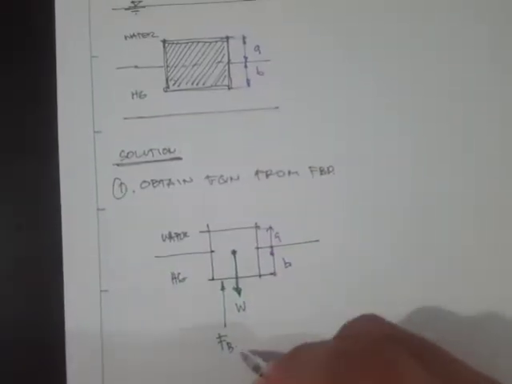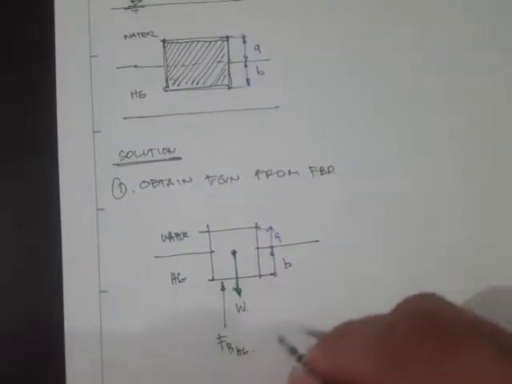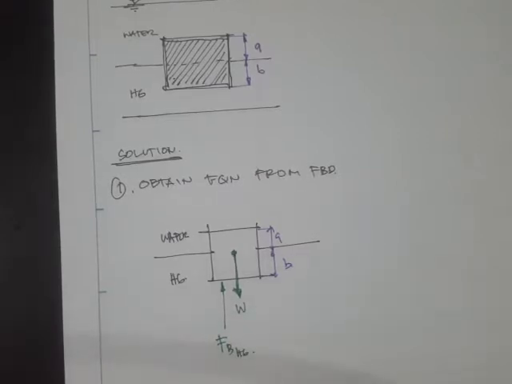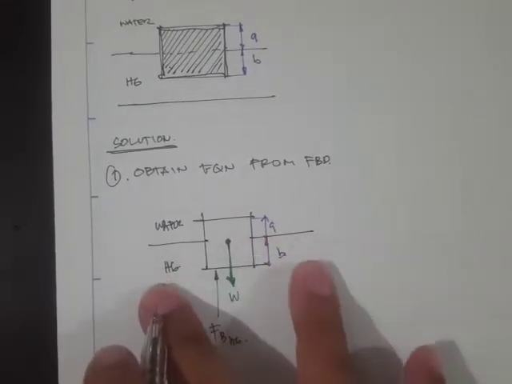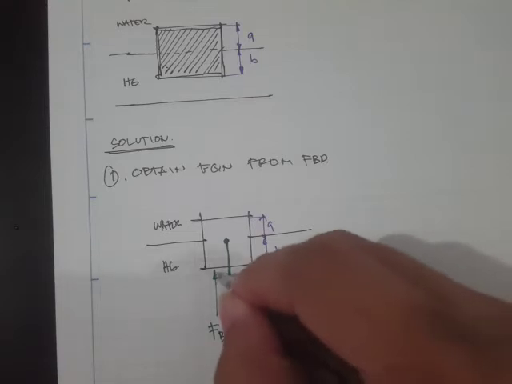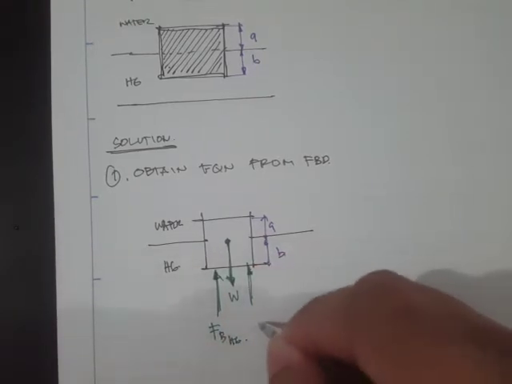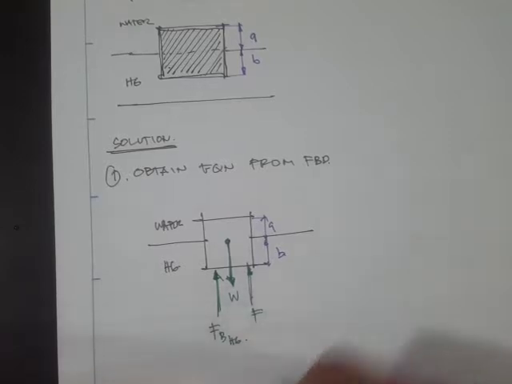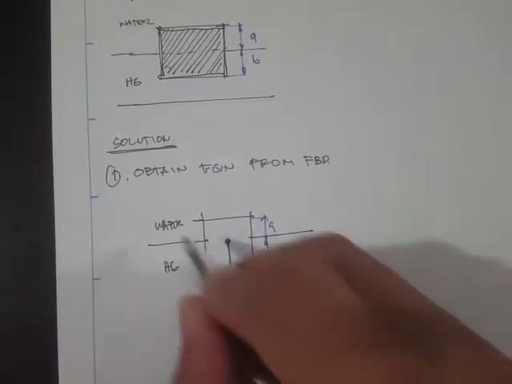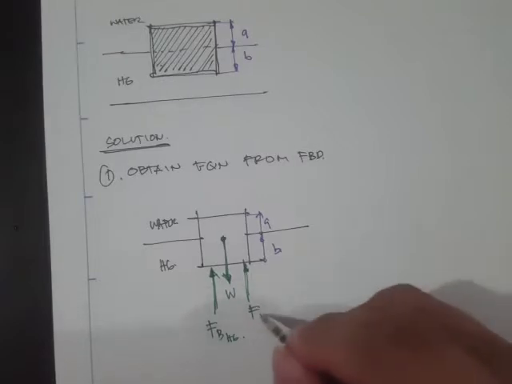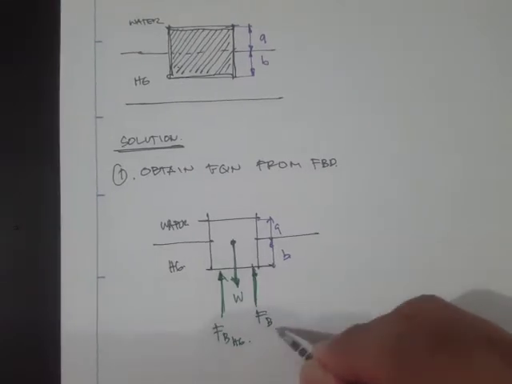Okay, so F sub B is the buoyant force induced by this mercury fluid layer, right? And another buoyant force, F sub B, is from the water.